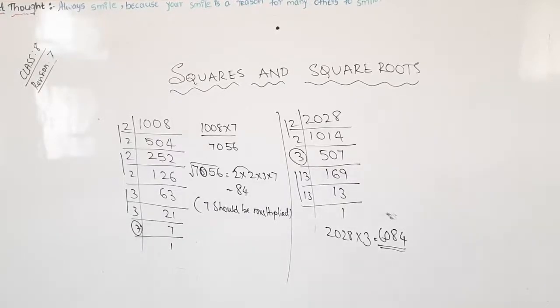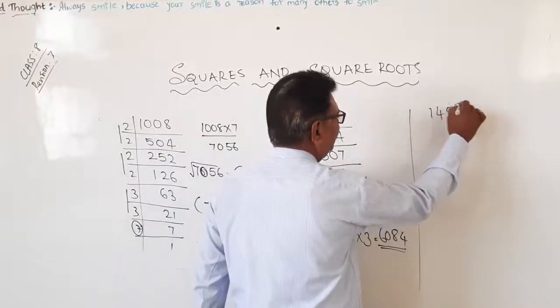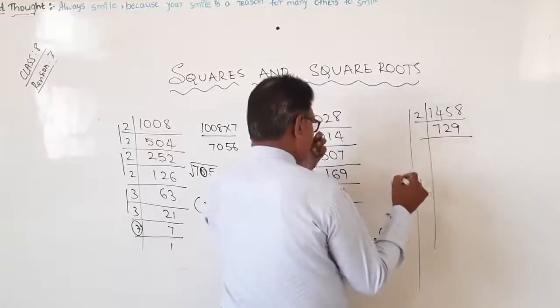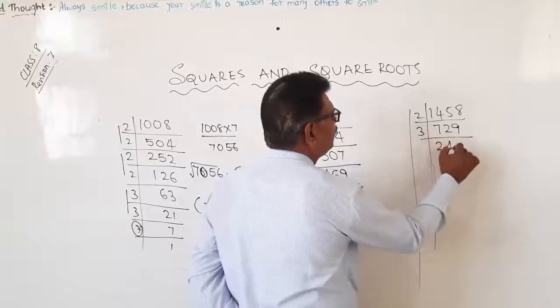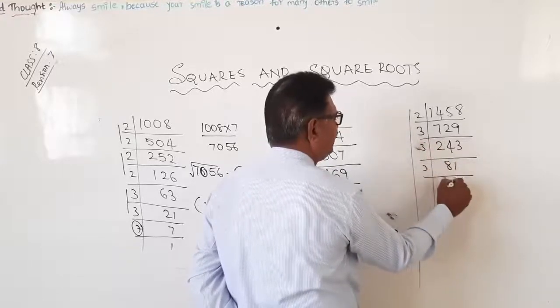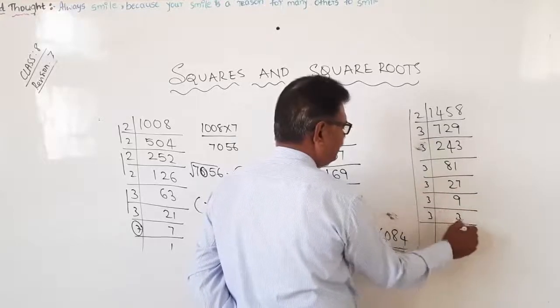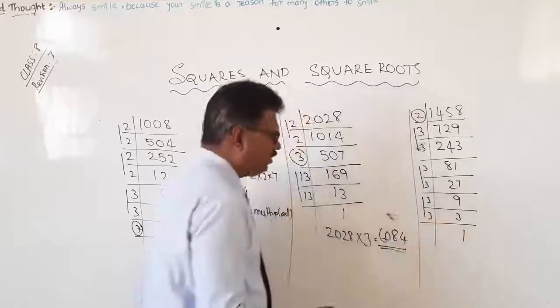Yes. One more problem. 1458. Again 2 into 729, 3 into 243, 3 into 81, 3 into 27, 3 into 9, 3 into 3, 3 into 1. Here a pair is there, here a pair is there, here a pair is there, but for this there is no pair at all.